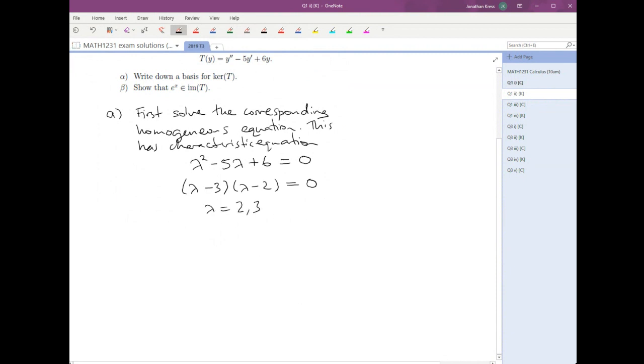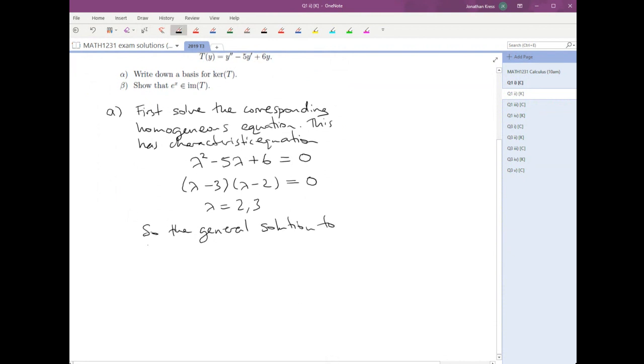And then immediately we can write down the general solution to the homogeneous equation. This is just a step along the way. I'm going to call it with a little subscript h just to remind me that this is not the solution we want.